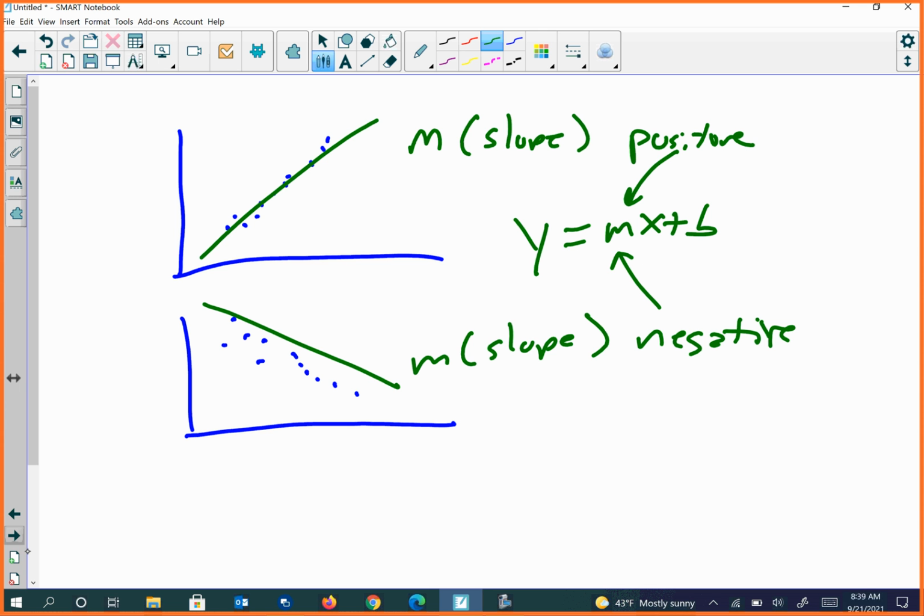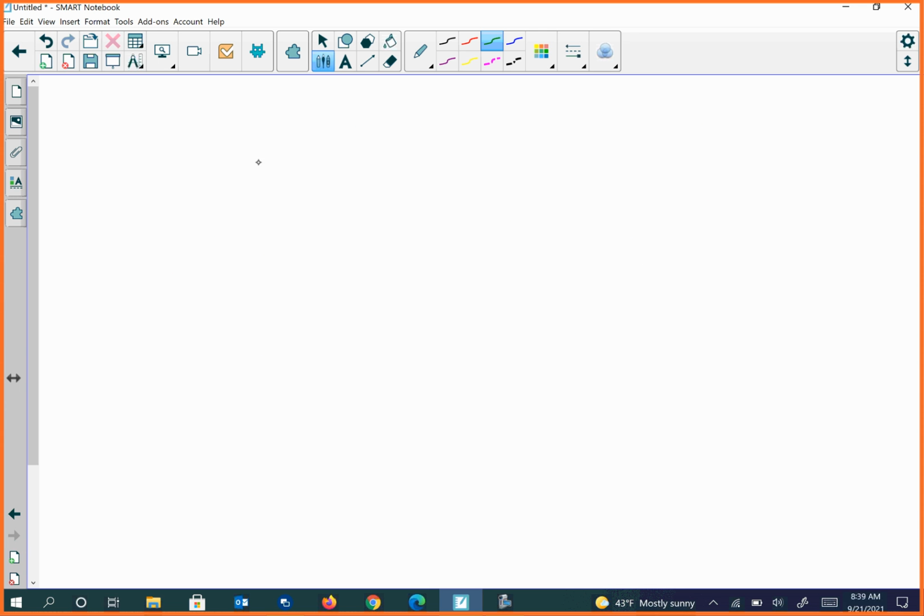Oh, and then if you have something called an R value, it's called the residual, and it's close to positive 1, that means that your data falls very close to the line of best fit you did, and it means the slope is also positive.